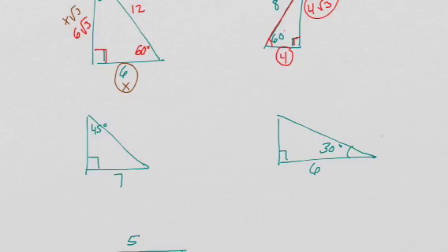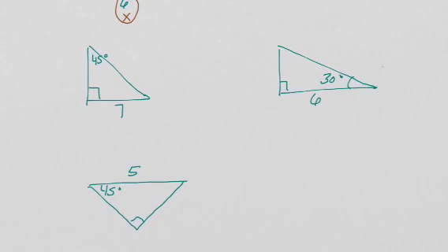Okay, let's do an example with the 45-45-90. We've got a right triangle here with one angle that's 45 degrees. We do the math and find out the other angle is also 45. Actually, we don't have to do the math because it's not possible for a triangle to have one 90-degree angle, one 45, and the third angle be anything but 45.